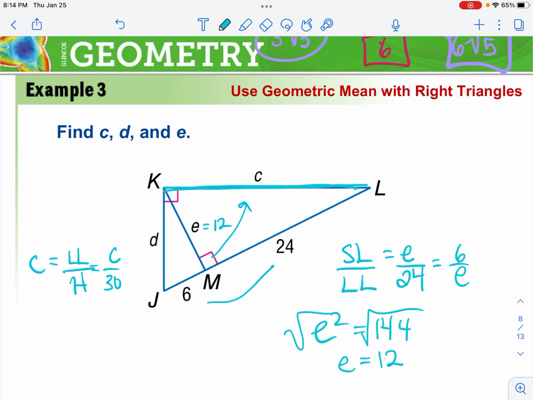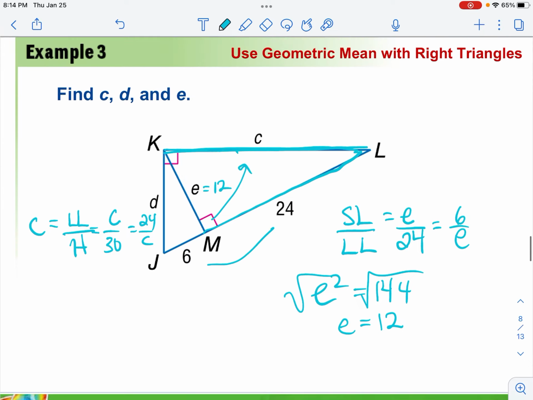And then I'm going to do another triangle. The other triangle I have has the hypotenuse of C and has the long leg of 24. So 24 over C. Go ahead and cross multiply and finish solving there. I'm going to move down. Go ahead and pause if you would like and finish this problem. You can also solve for D.